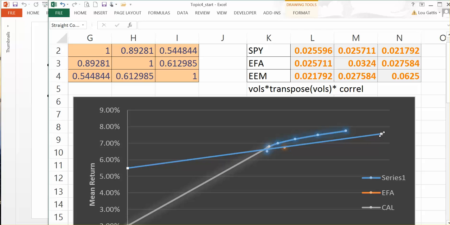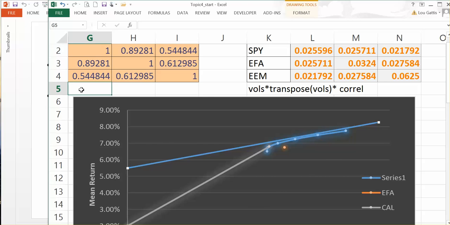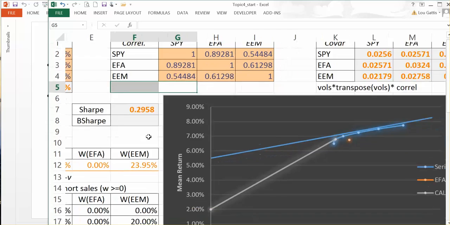But clearly that's not good enough. I would rather be at a point, say, up here. I'd rather leverage a portfolio in this neighborhood, because that's definitely better than ones that are lower return. So the next trick is to try to find what the tangency is from a line that extends from the borrowing rate, and that's the portfolio I want to leverage to get higher levels of return.